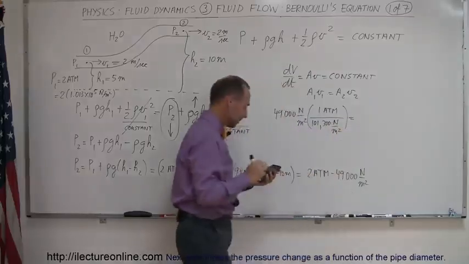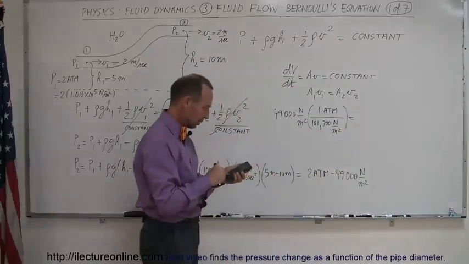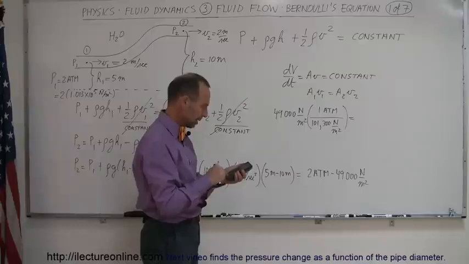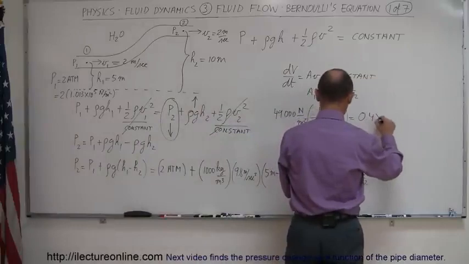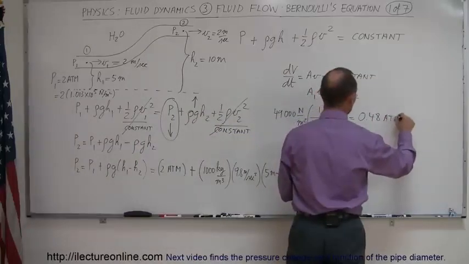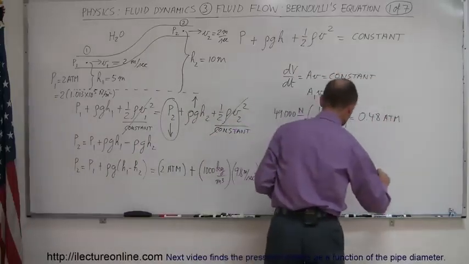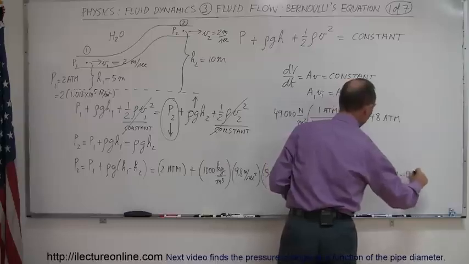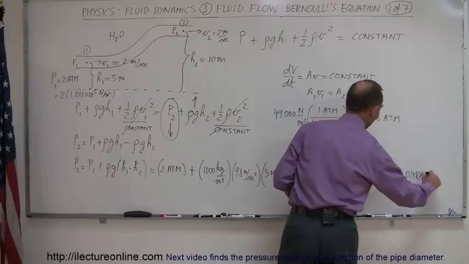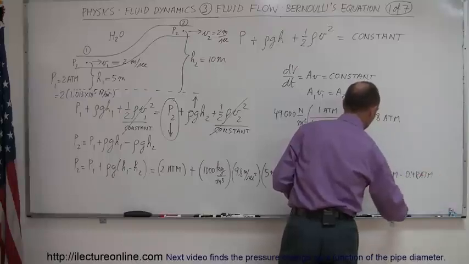So if we take 49,000 divided by 101,300, that equals 0.48 atmospheres. All right, so this can be written as 2 atmospheres minus 0.48 atmospheres. So this is equal to 1.52 atmospheres.